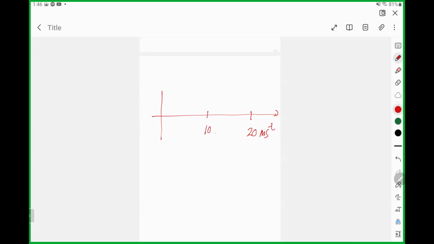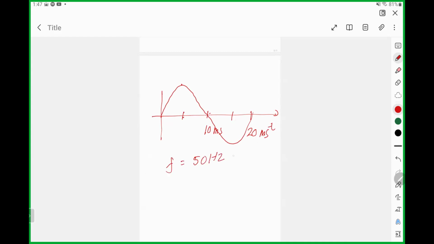So 10 millisecond is the midpoint. Then we can take half of this one, and my sinusoidal signal will look like this. That means at the midpoint of the half cycle, it will be the peak. Now this is 50 hertz.